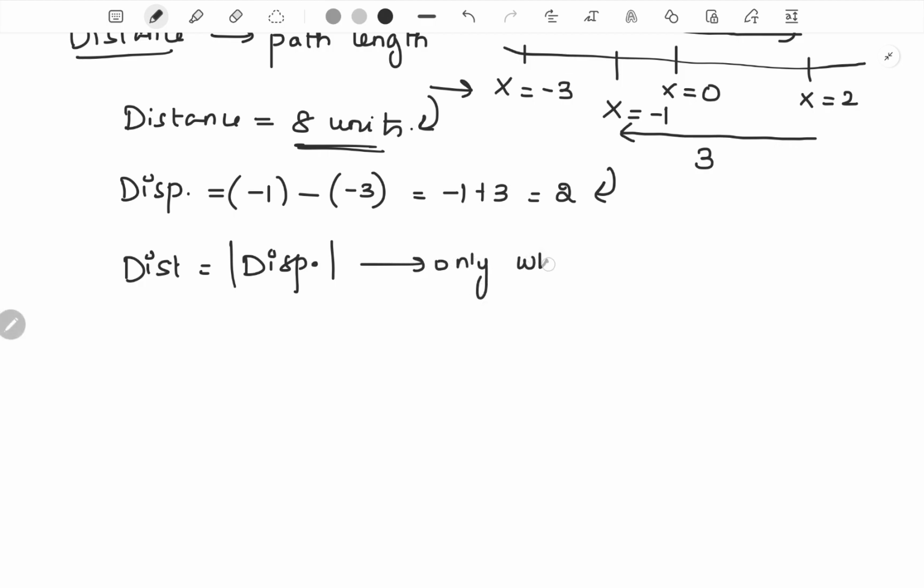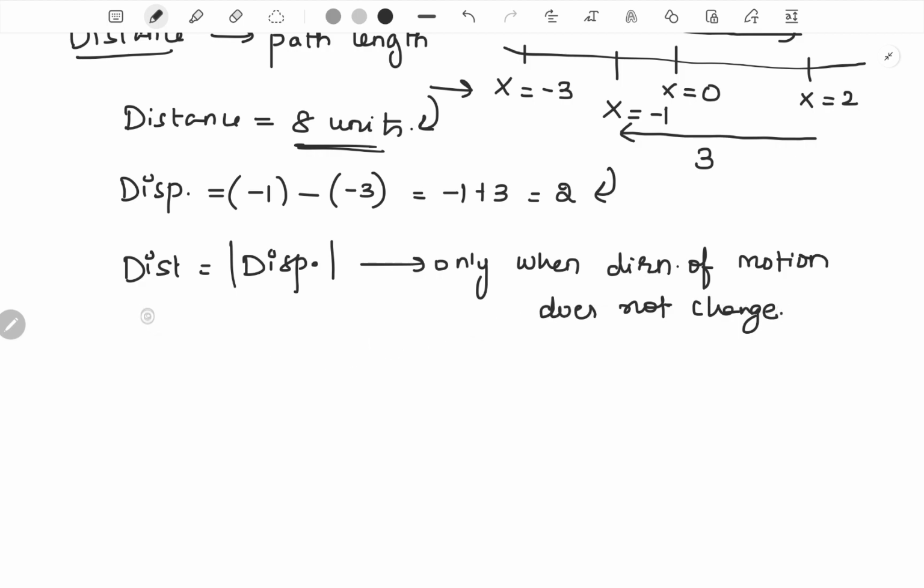So distance will be equal to the magnitude of displacement only when the direction of motion does not change. That means if the particle keeps moving in the same direction without changing its direction. In any other case, the distance and displacement will not be equal.